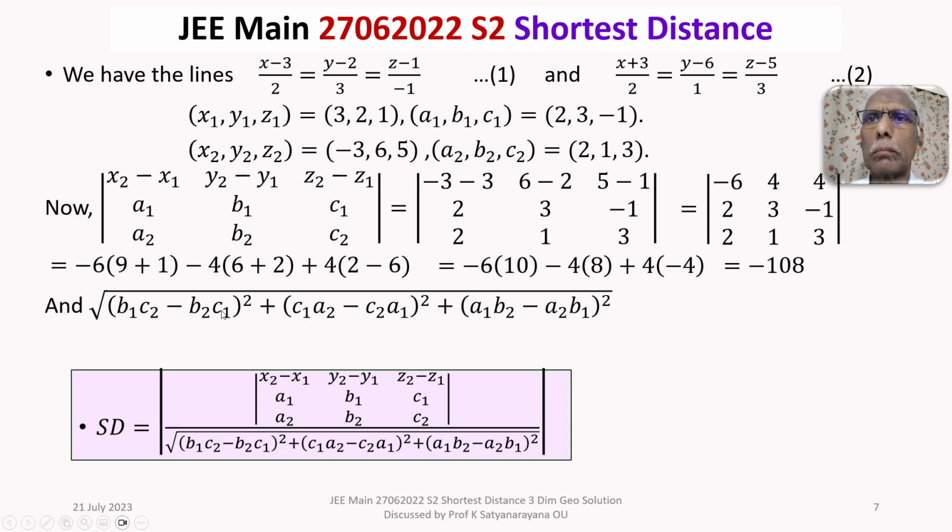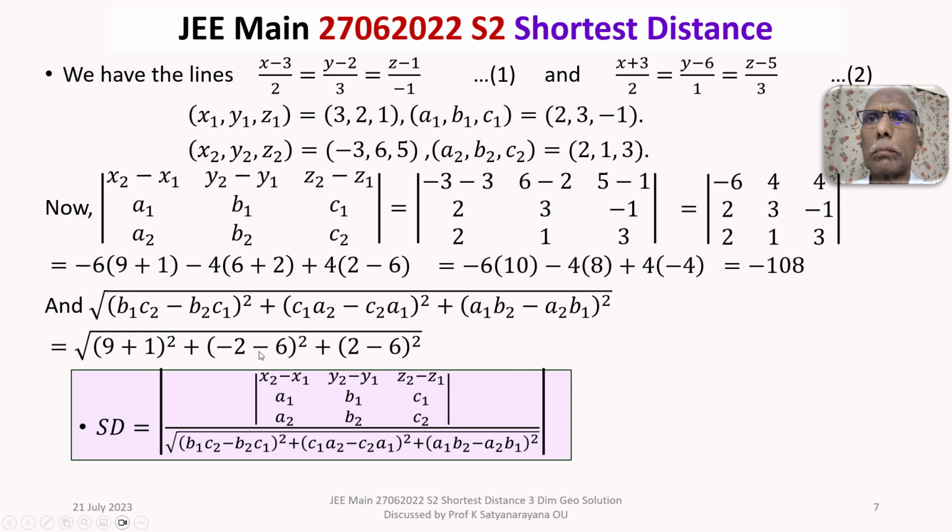These are precisely the minors of the first-row elements, squared. That means it is (9 plus 1) whole square, (minus 2 minus 6) whole square, and (2 minus 6) whole square.